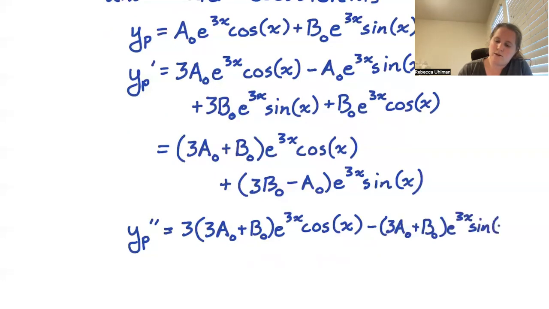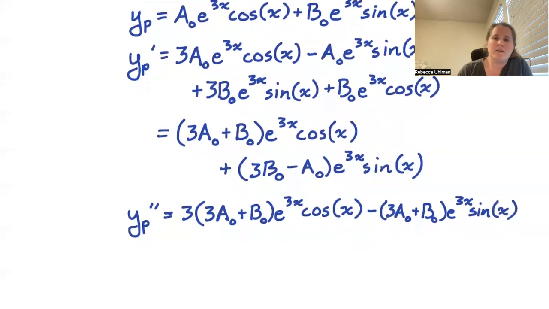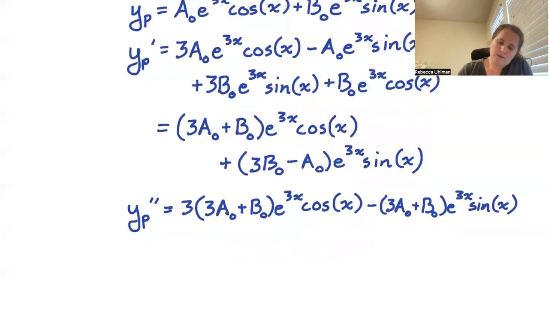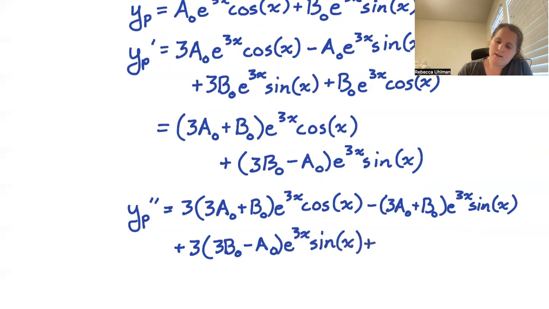That's the product rule on that first piece. And from the second piece, we would have plus 3 times 3b0 minus a0 e to the 3x sine of x, and plus 3b0 minus a0 e to the 3x cosine of x.